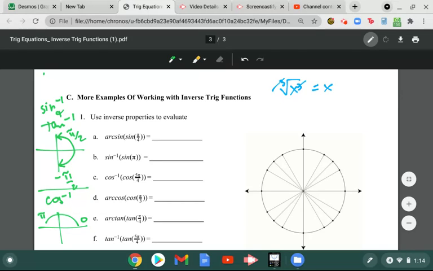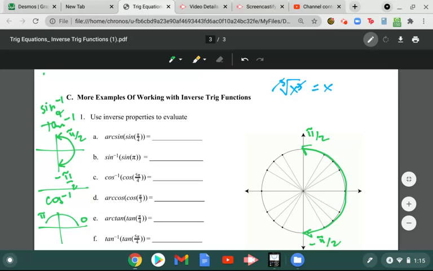I want to make sure that whatever I get back is within those restrictions. Let's do the sines and the tangents first, because all of those need to have a value that lies between the range negative pi halves and positive pi halves.